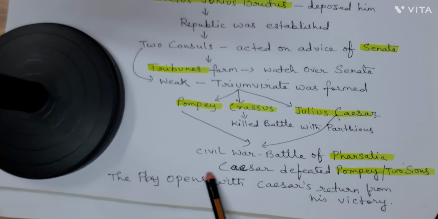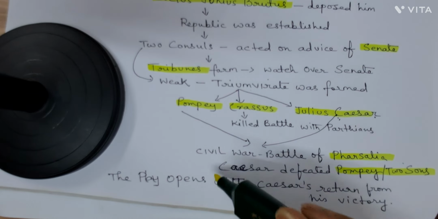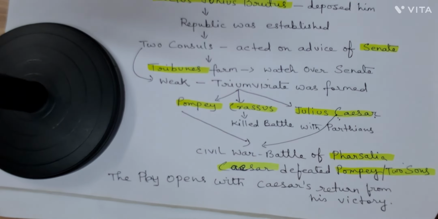Caesar is victorious, so Caesar became, you can say, absolute power, and he came back to Rome. This is where your play opens, with Caesar's return from his victory in the Battle of Pharsalia.